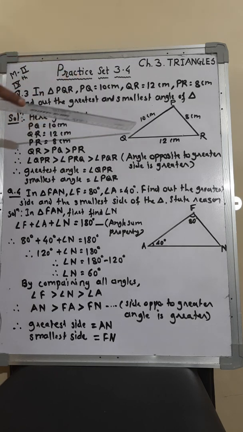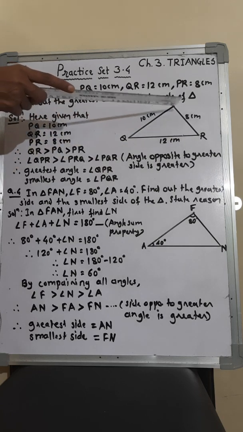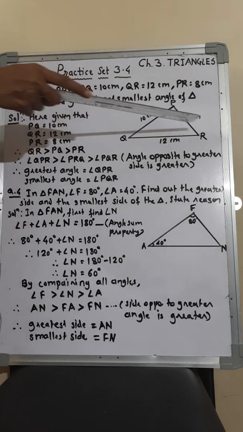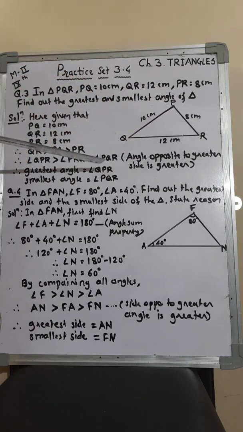The angle opposite to this side is angle R, that is angle PRQ. Now the angle opposite to side PR, which angle is it? PQR. In this way you have to compare all these angles also.